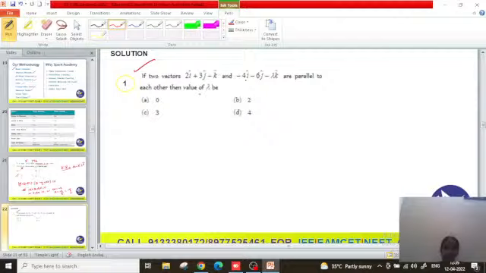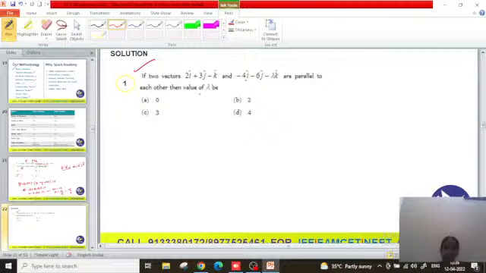So here we can use the property of the vector product, because we need to find the constant value, and the given two vectors are parallel to each other, then their cross product will be equal to 0 when a bar is parallel to b bar, or we can use that the ratio of their components remains constant, meaning ax by bx will be equal to ay by by will be equal to az by bz.